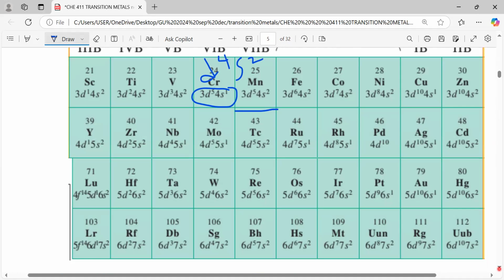Then D6, D7, D8, D9. For D9, what happens? Because this is D9, S2, they borrowed one from there to make it D10, which is stable. Okay, then this is D10.